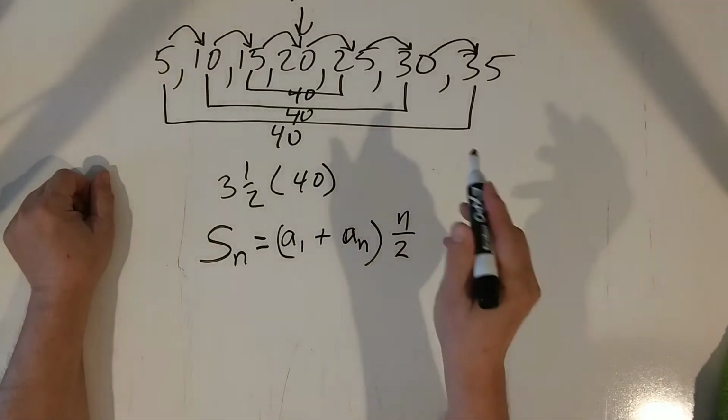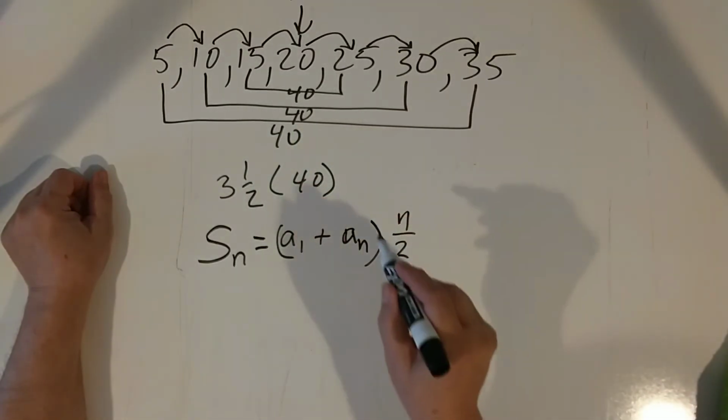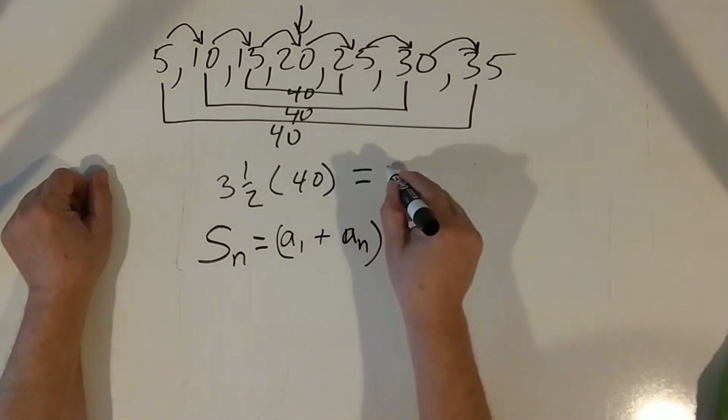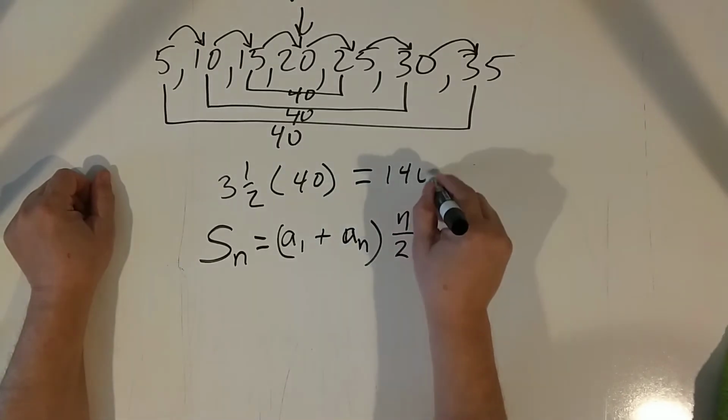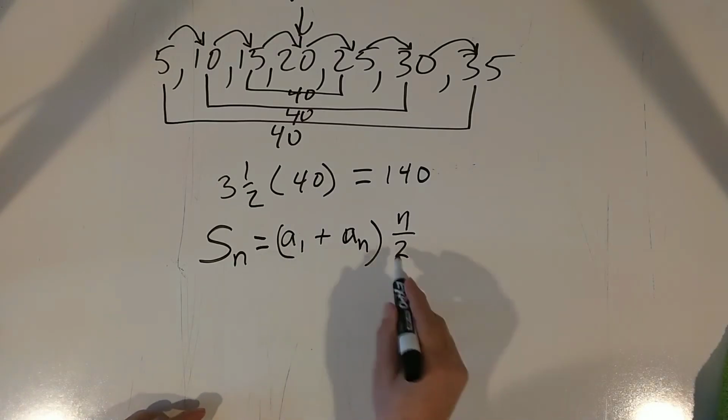So in this case, the partial sum is 140, I believe. So let's use this formula.